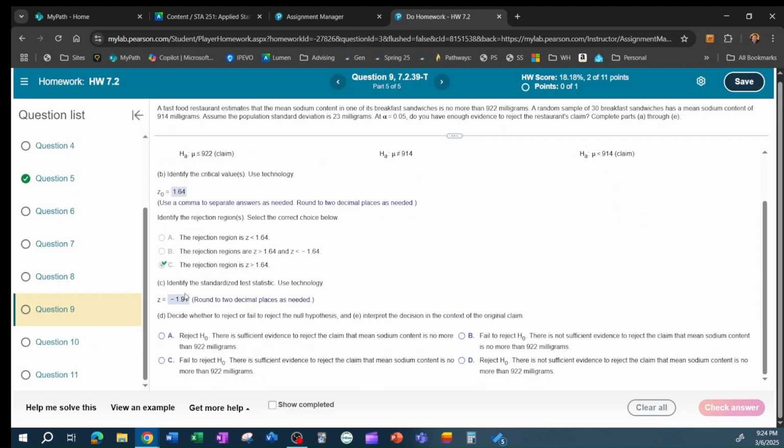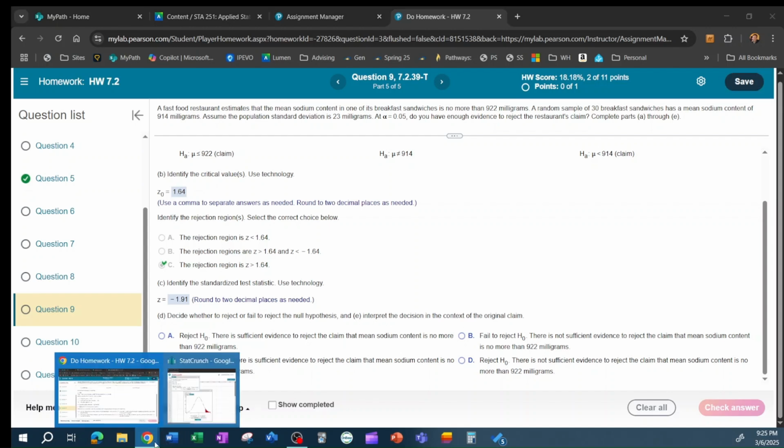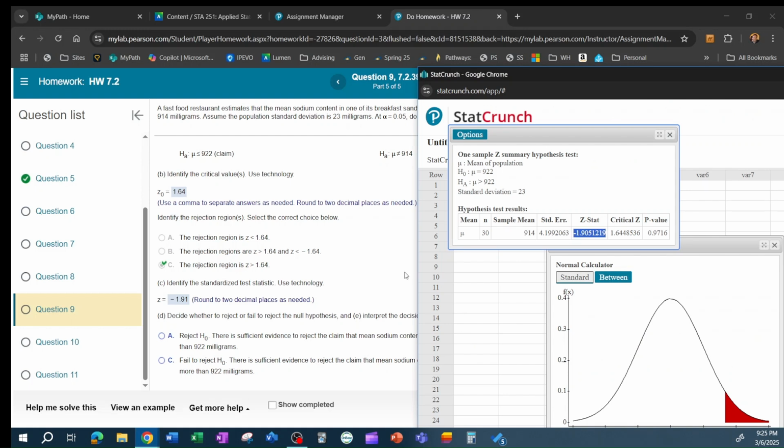And then decide whether to reject or fail to reject the null. All right, well, there's 2 different ways I can do that. So that's good we did this problem. We can look at the 2 different ways. First of all, the rejection region, is Z greater than 1.64?